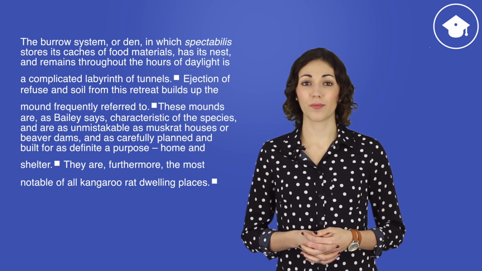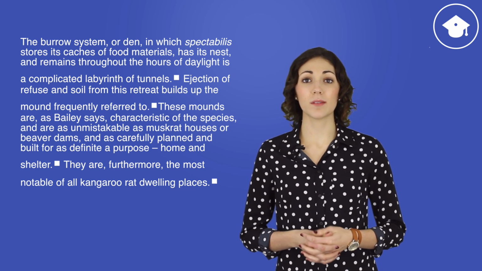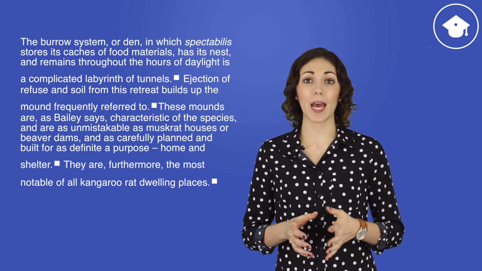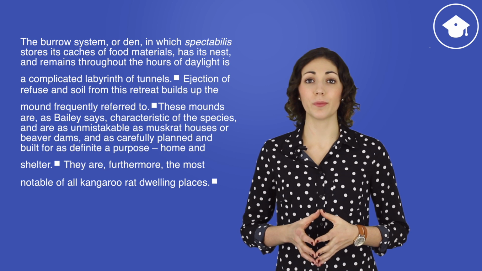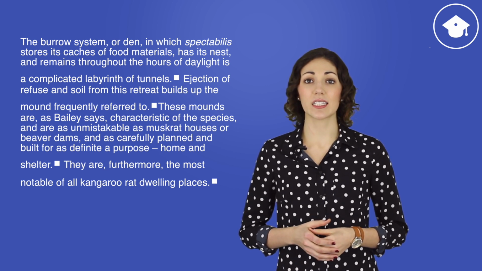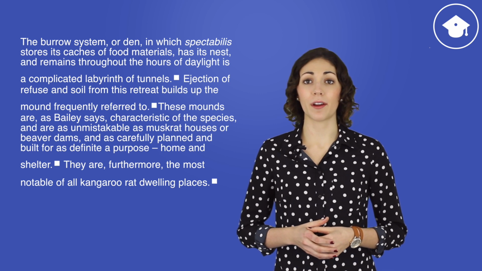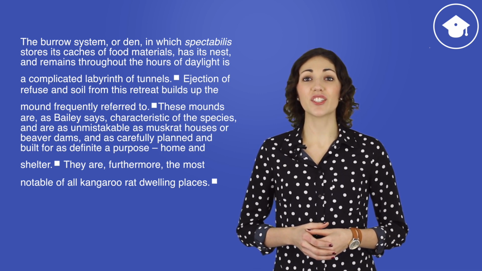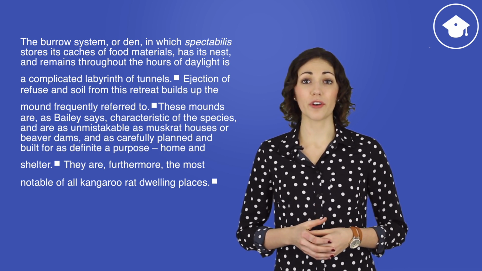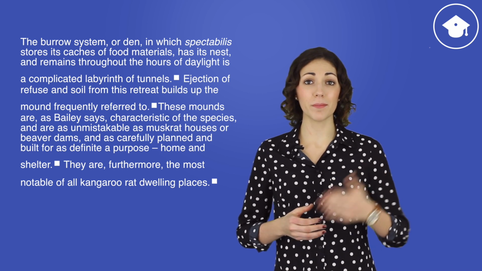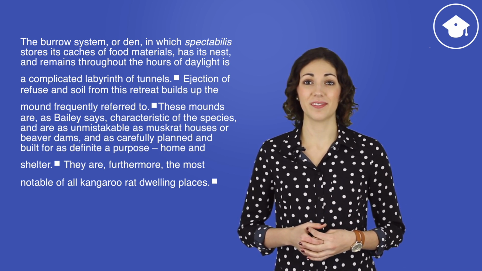Let's see how this works. Remember that we have this passage. The burrow system or den, in which Spectabulus stores its catches of food materials, has its nest, and remains throughout the hours of daylight, is a complicated labyrinth of tunnels. Ejection of refuse and soil from this retreat builds up the mound frequently referred to.